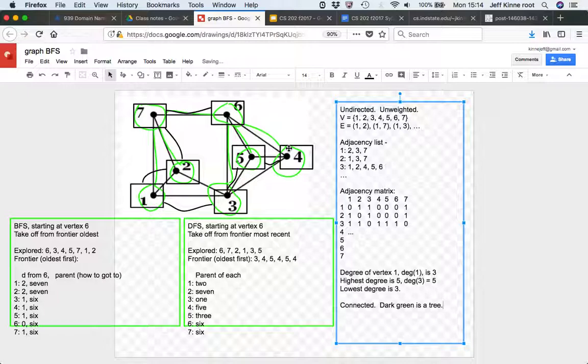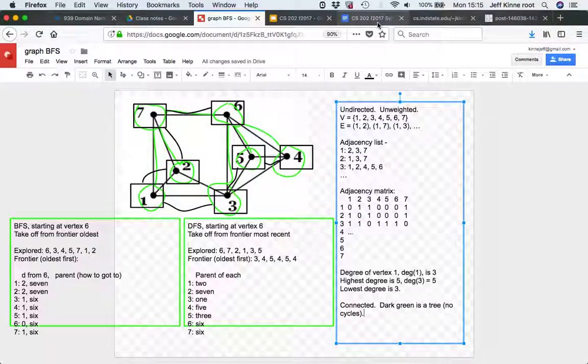Tree means there are no loops. The original graph is not a tree. You could go from 7 to 6 to 3 to 2 back to 7. So there's a loop there called a cycle. A tree has no cycles. All right, so those are all words that we're supposed to know.